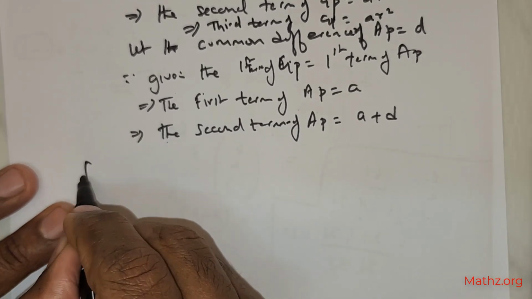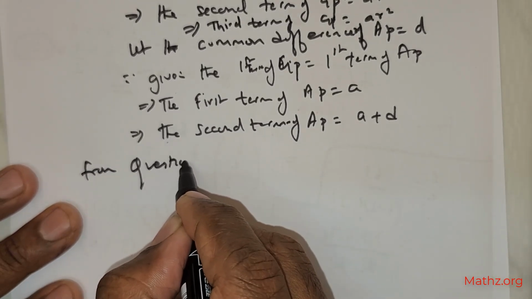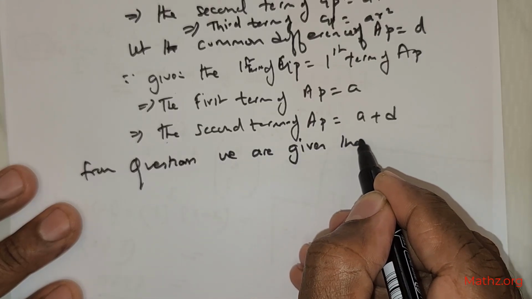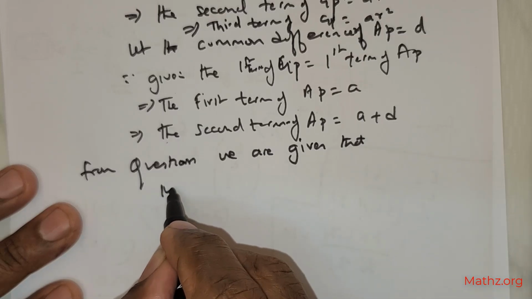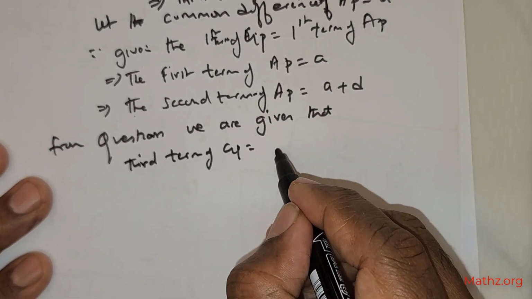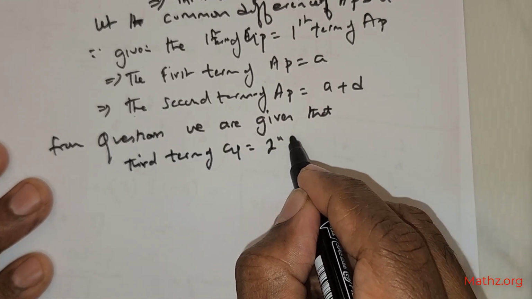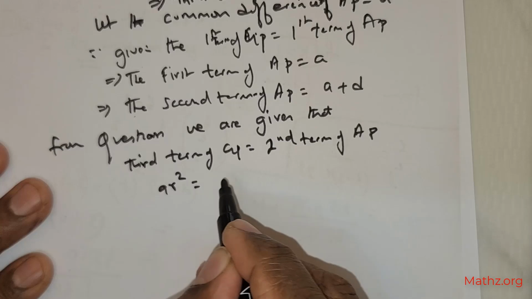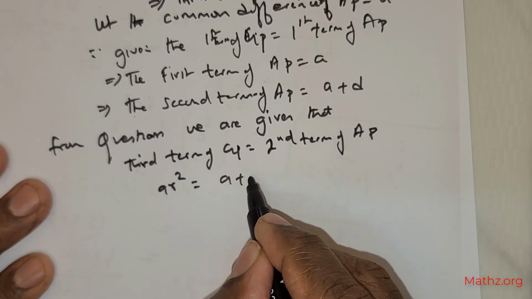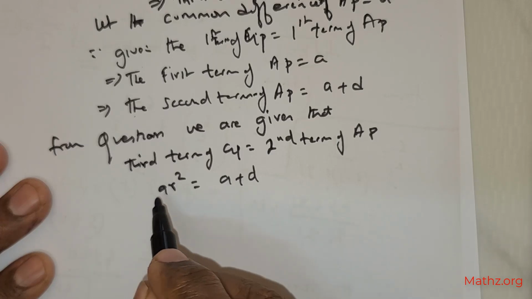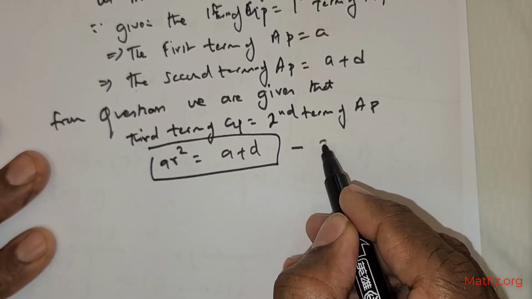From the question, we are given that the third term of GP is equal to second term of AP. So this means A times R squared is equal to A plus D. Okay, so we have one equation there. So I'm going to take it as 2.